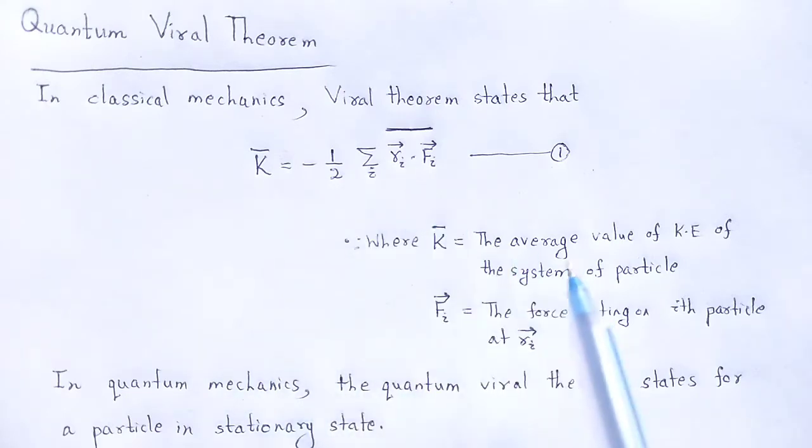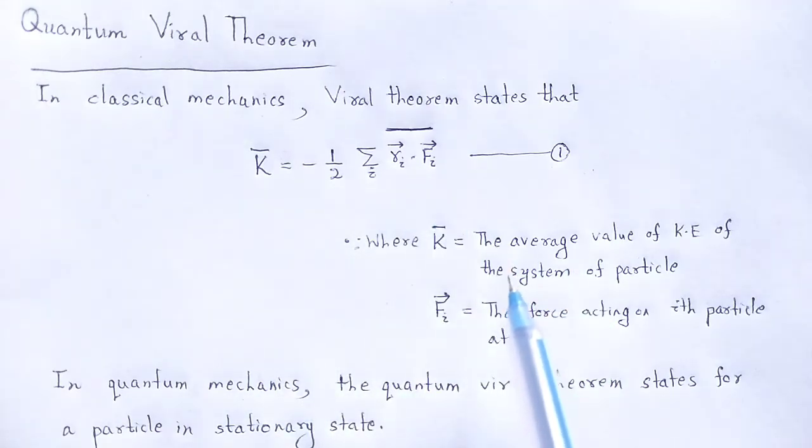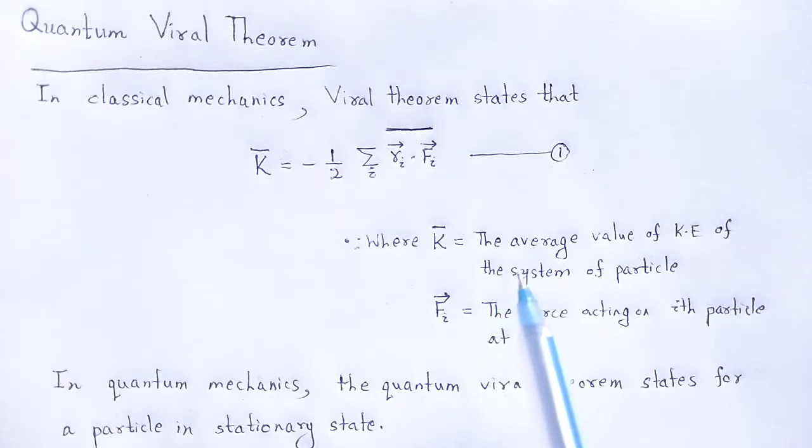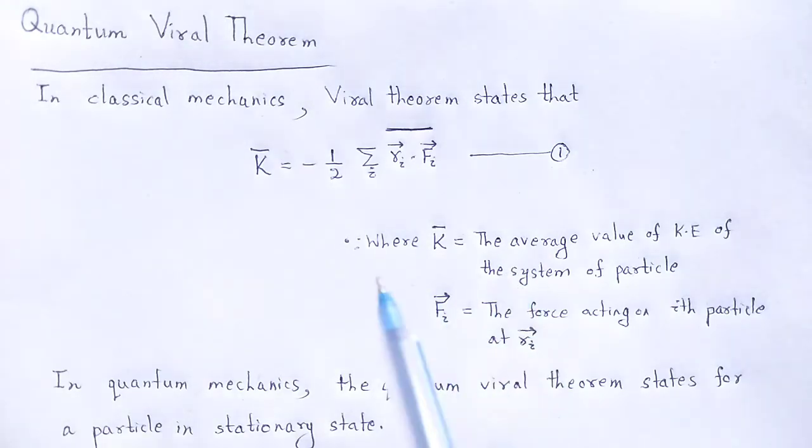But the average notation in classical mechanics, when we transform it to quantum mechanics, the expectation value plays the same role as the average plays in classical mechanics. The expectation for that observable plays the same role.